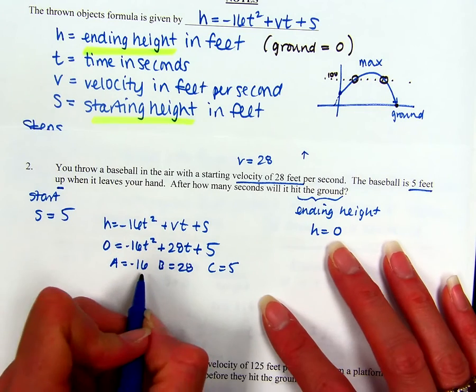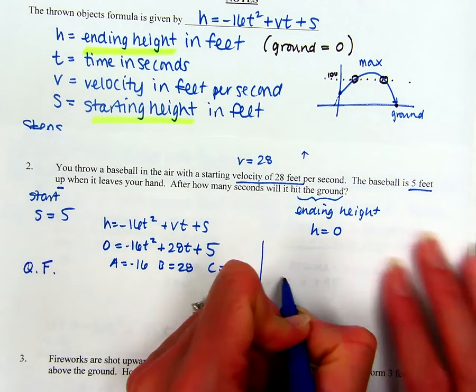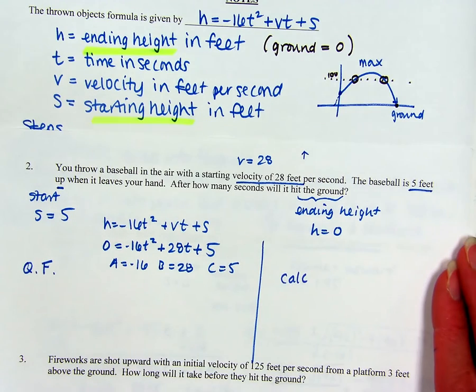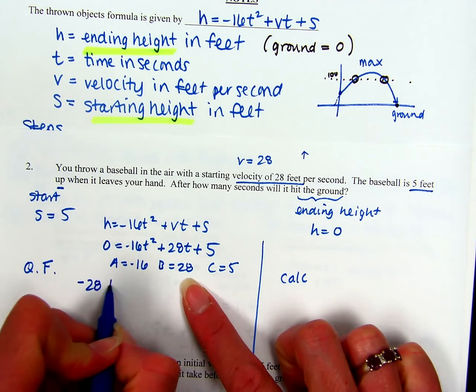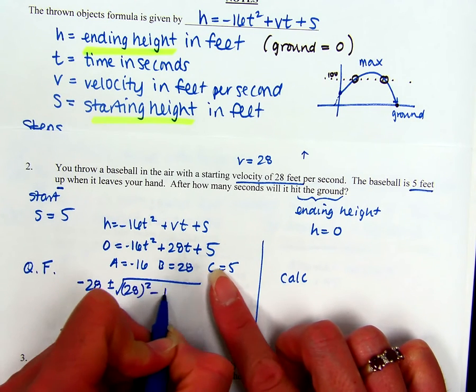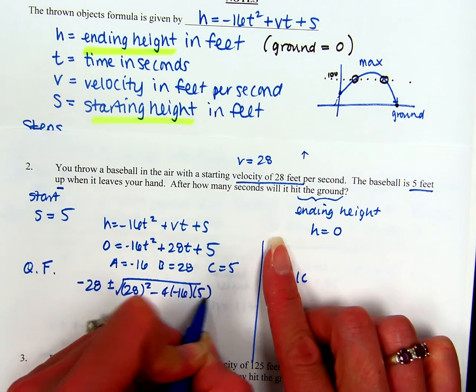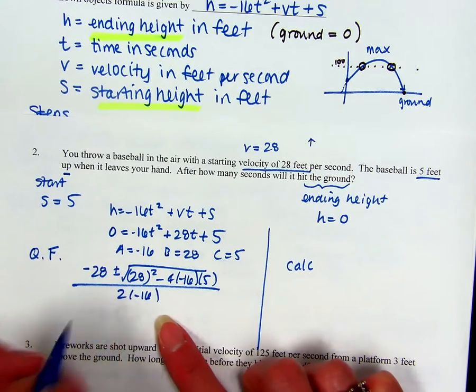Let's call this the quadratic formula method, and then we'll do it with the calculator in a minute. It's opposite of b plus or minus the square root of b squared minus 4ac, all over 2a. And then we just need to simplify.